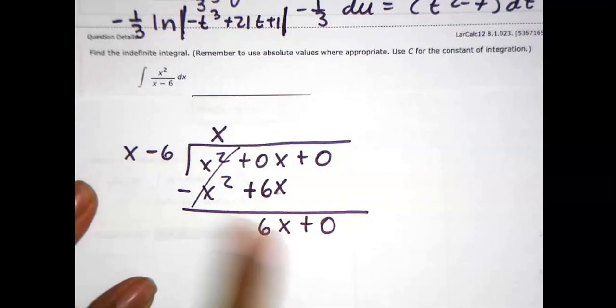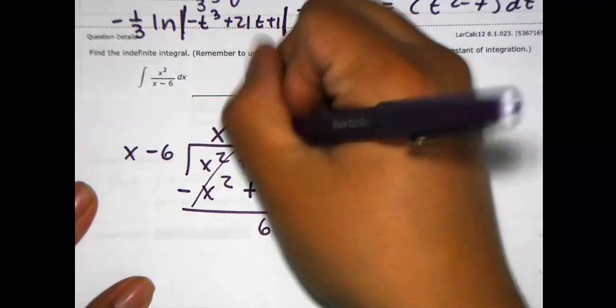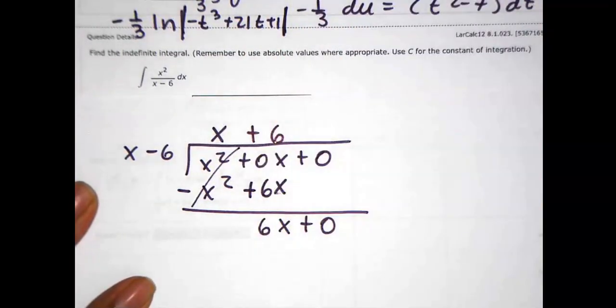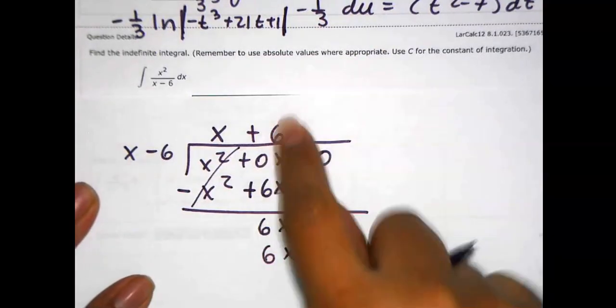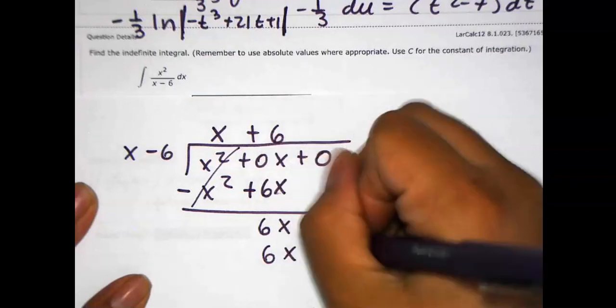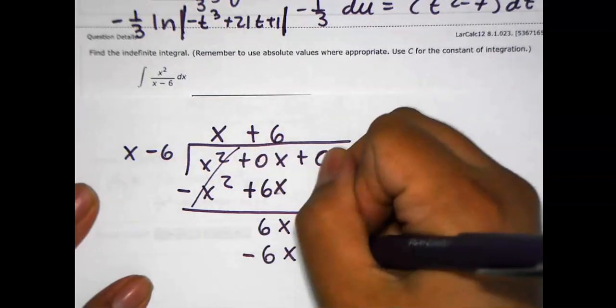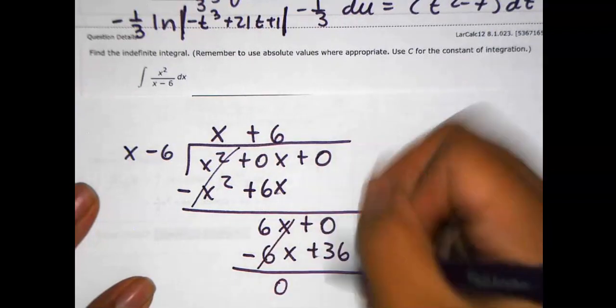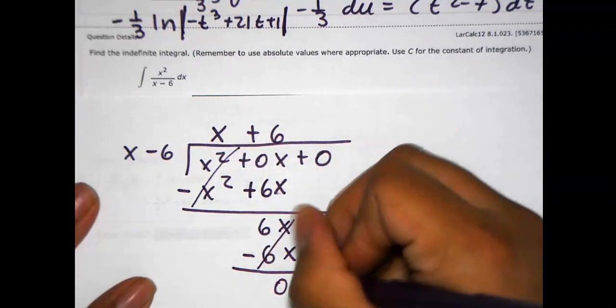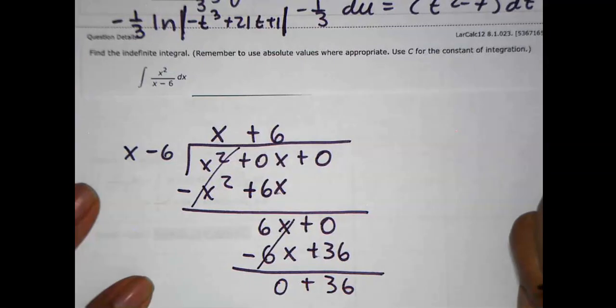X times what gives me 6x? Well, that will be 6. 6 times x will give me 6x. 6 times 6 will be negative 36. Change the signs, combine. That will give me 36. So my remainder will be 6.